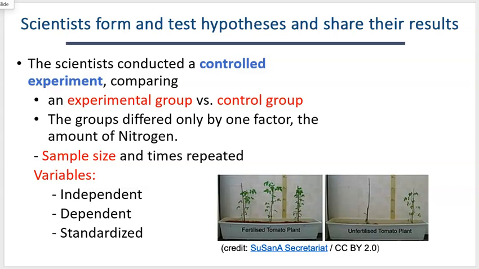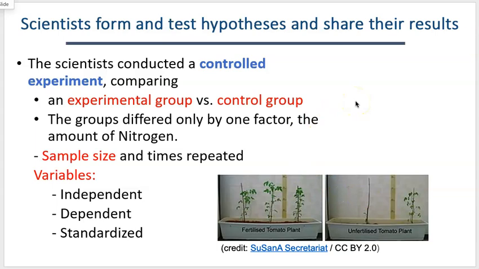Now, the dependent variable is what is being affected in the experiment. This is what we think is going to change when we manipulate the independent variable. This is what we're going to measure or observe. If we look at our two fields, what are we observing?